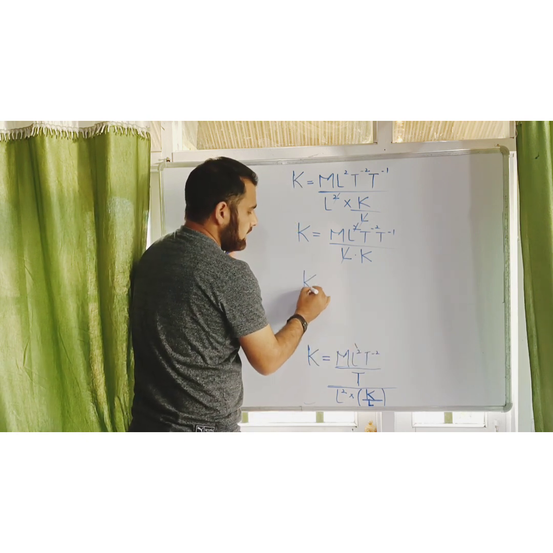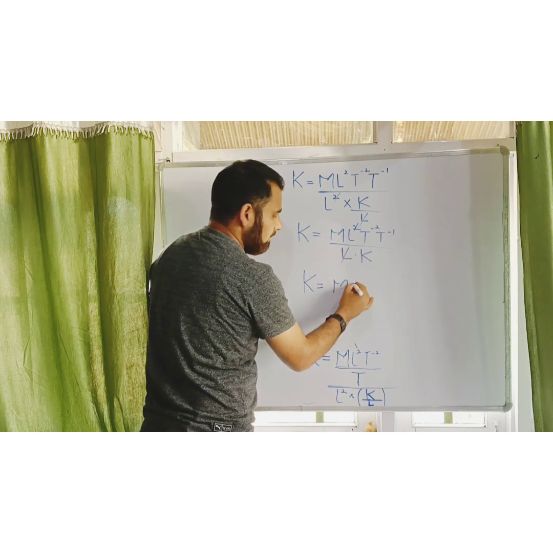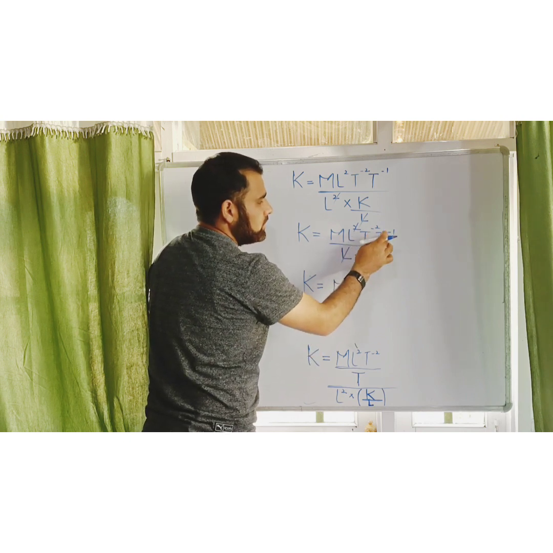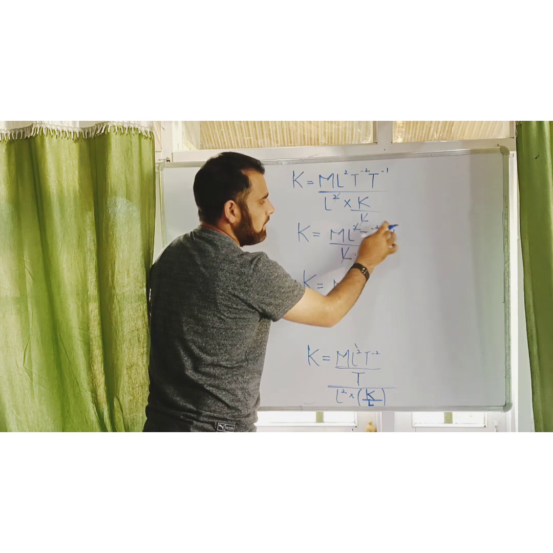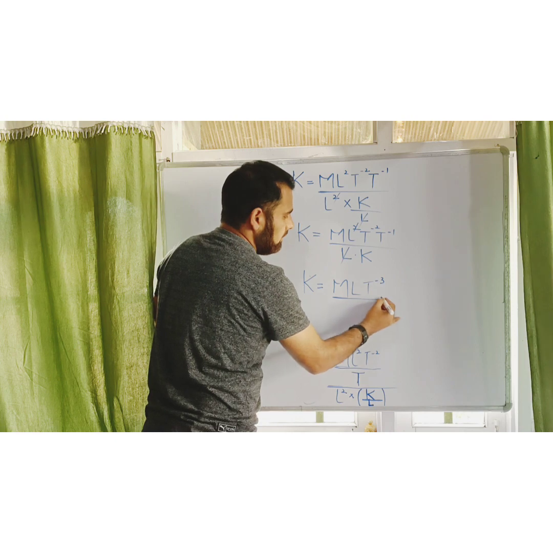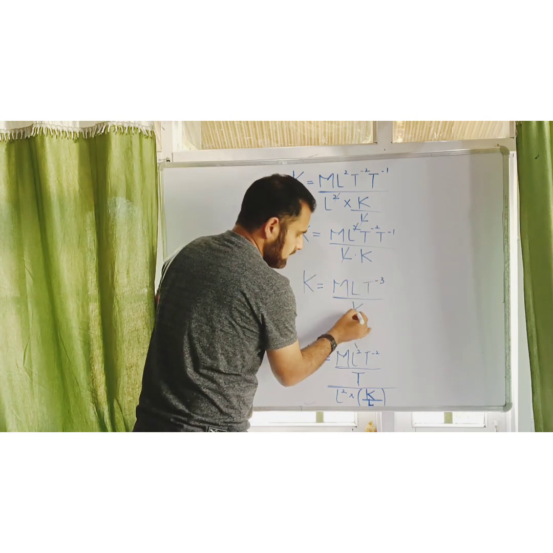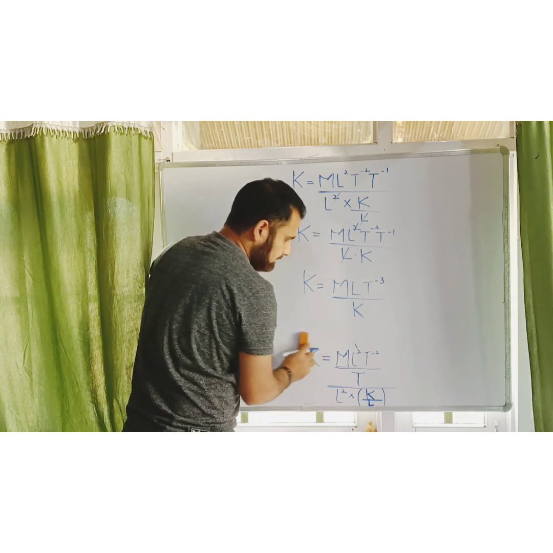So K is here equal to M, and we have T minus 2 and T minus 1. Bases are the same, powers are added, so it is T raised to the power minus 3 divided by K. So this K is here the Kelvin.